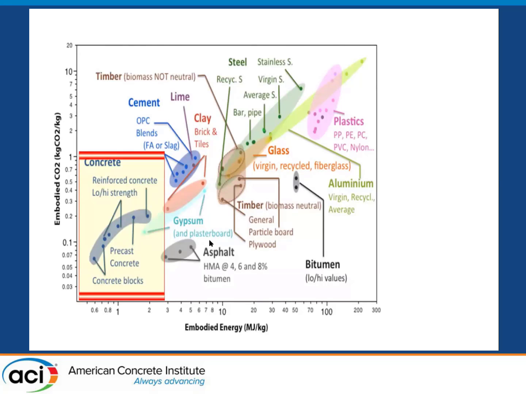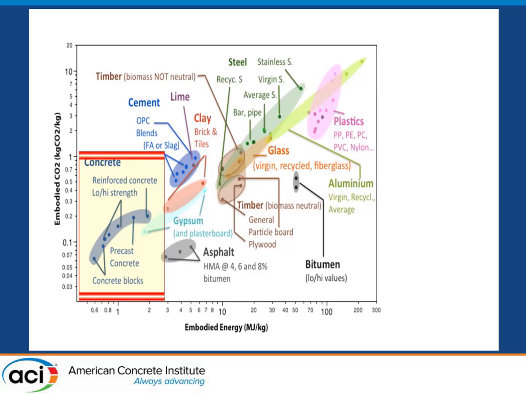When we look at concrete from the embodied CO2 and the amount of energy needed to create it, we can see that concrete is actually a low carbon material compared to other materials. So as we're having more issues with global warming, what materials are we going to look at using that have lower embodied energy and lower embodied CO2? As we can see from this, if we're going to move away from concrete, we've got to be very careful, because if we did that, we could be creating products that have more CO2 in them, or that generate more CO2 in their creation.